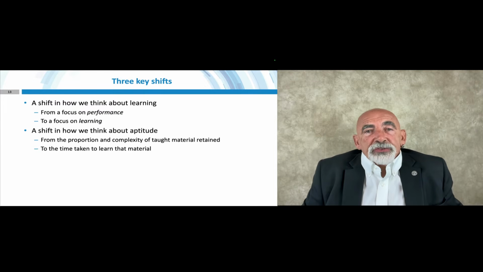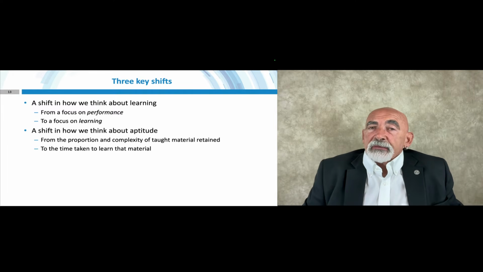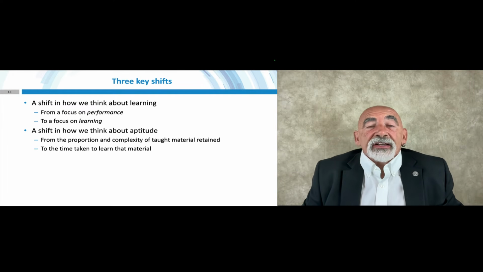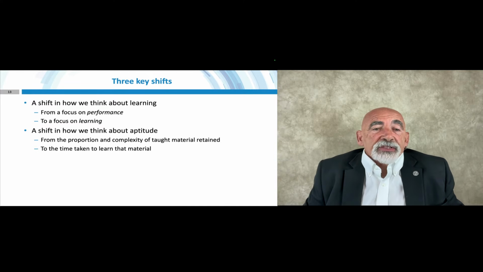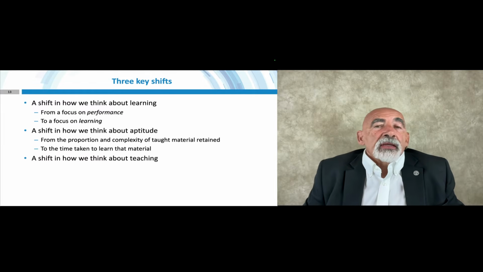There's an extraordinary consistency in how much students learn from particular exposures to instructional materials. Some students need more exposures, but the idea is there's no ceiling on what any student can achieve apart from running out of time. So thinking about aptitude not as potential or talent or intelligence, but just the time needed to become good at something.